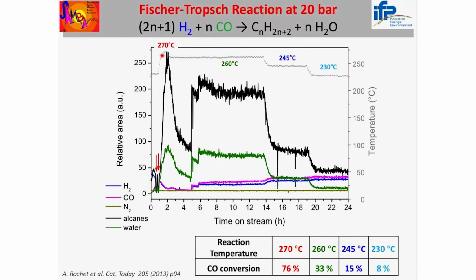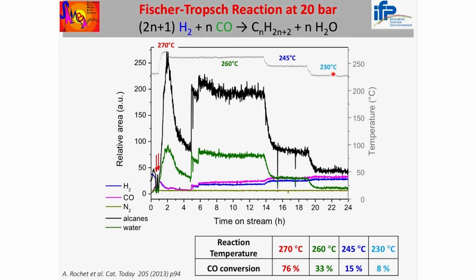And that is recorded over 24 hours with some changes in temperature, since we pass from a very high temperature of operation for the catalyst, 270 degrees Celsius, to a lower temperature, 230 degrees Celsius.